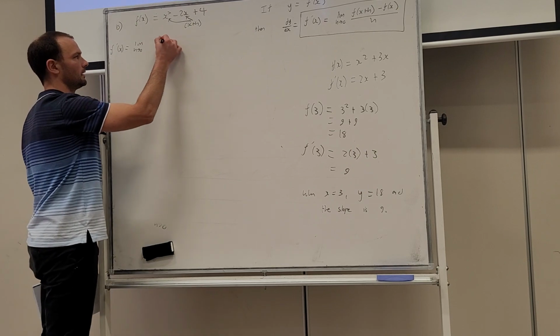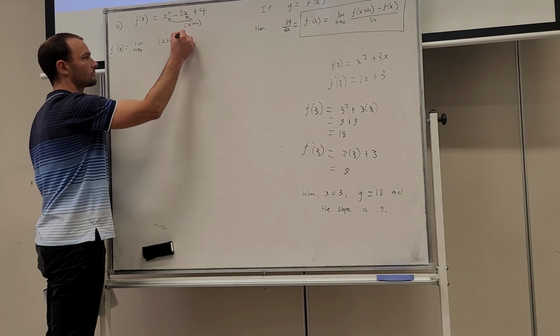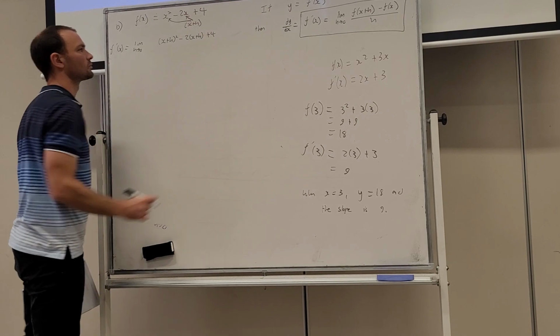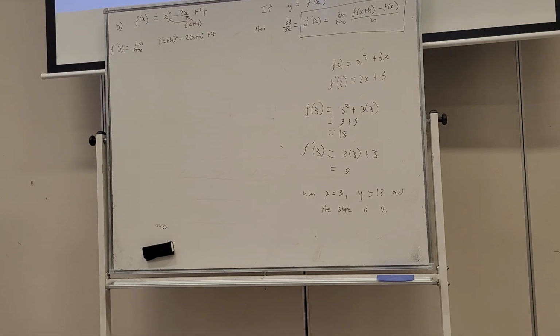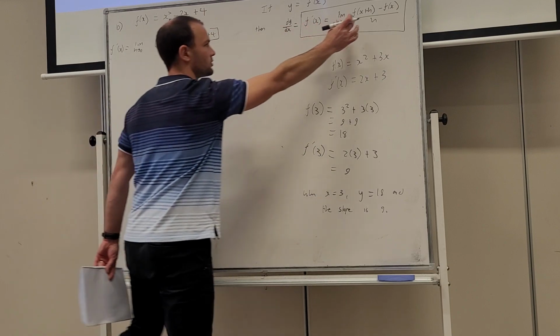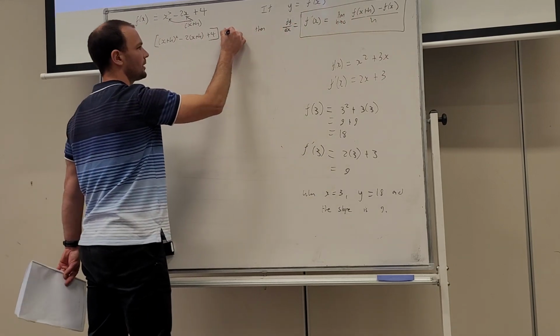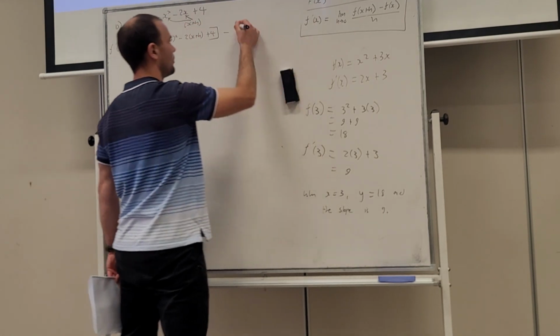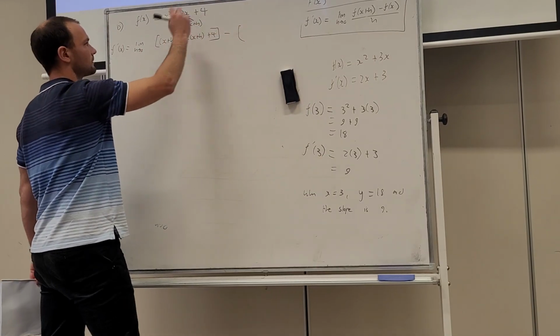So it'll be that's just the f of x plus h part, right? Then we have take away, and we're taking away f of x.